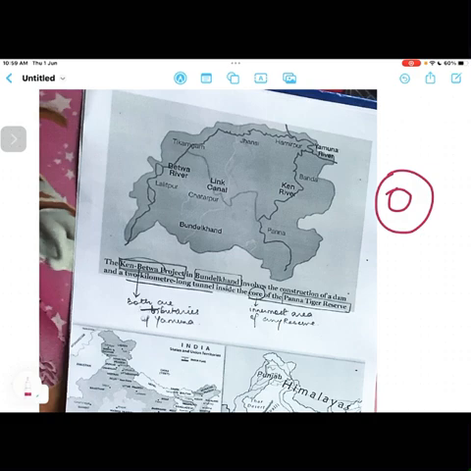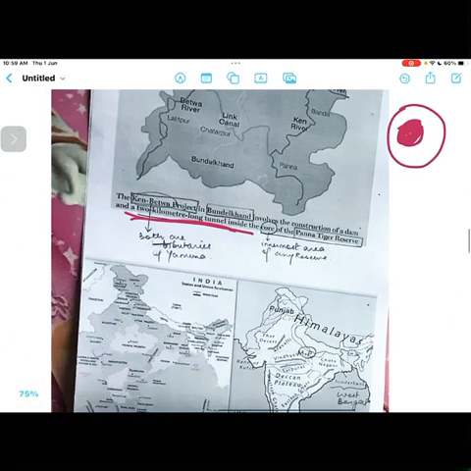The innermost area is where human intervention is the least. Humans are only allowed when there is a forest fire or something. So this region is the core. Here they are forming a 2 kilometer long tunnel and eventually constructing a dam. So this is about the development for Ken and Betwa. You must be knowing this.